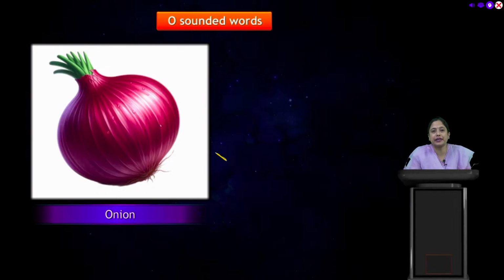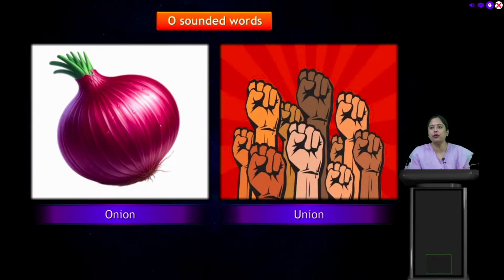This vowel letter O also has more than one sound. Sometimes O would sound as O, sometimes as A. For example, onion, O-N-I-O-N.